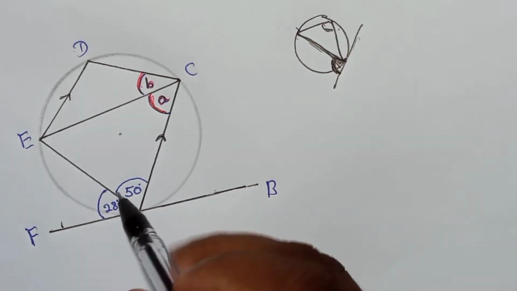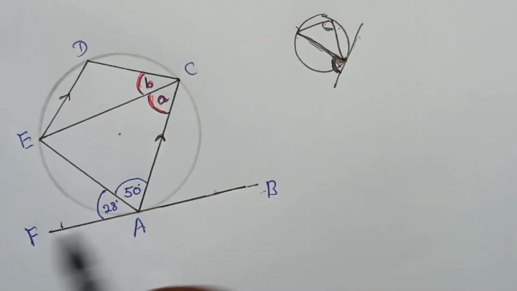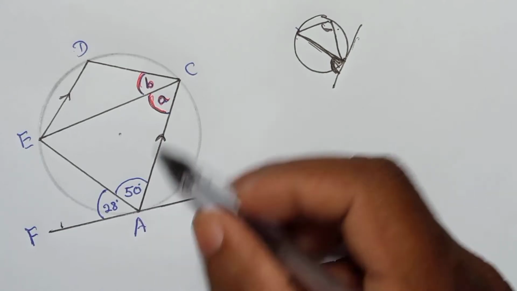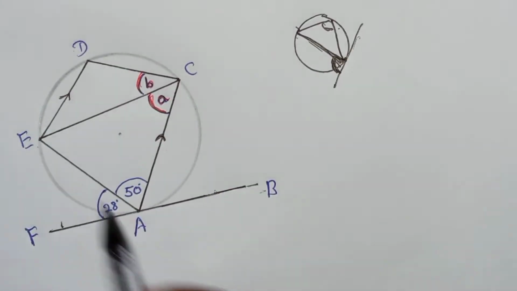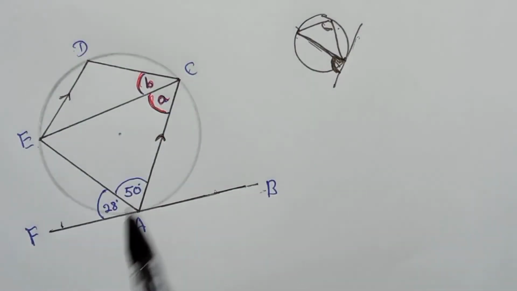Look very carefully, they tell us FB or BF is the tangent at A, and at point A they make this. We can think EA or AE is a chord, also CA is a chord, but we don't need B here. We need this one, EA.